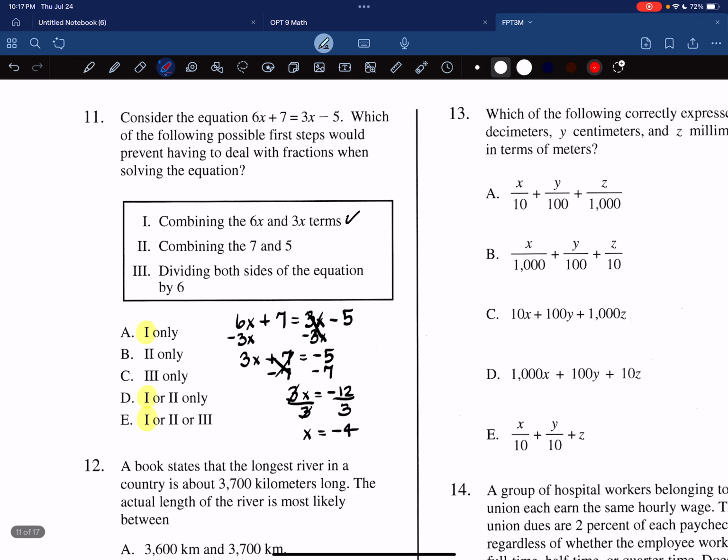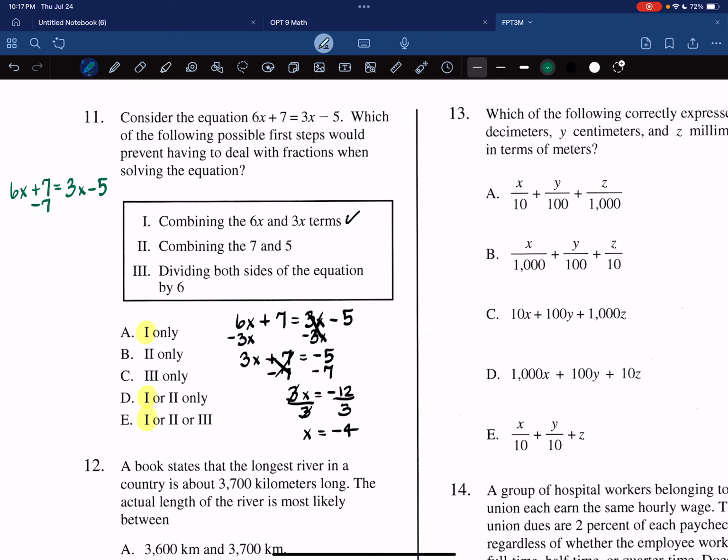All right, let's see what happens to this equation at option 2. So I have 6x plus 7 equals 3x minus 5. So what if I go ahead and combine the 7 and the 5?